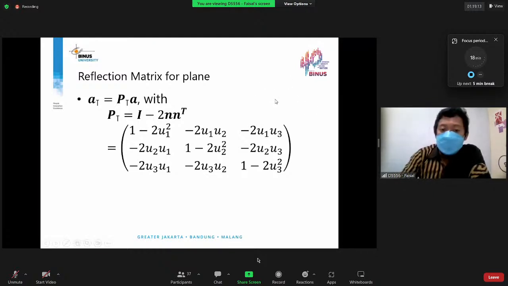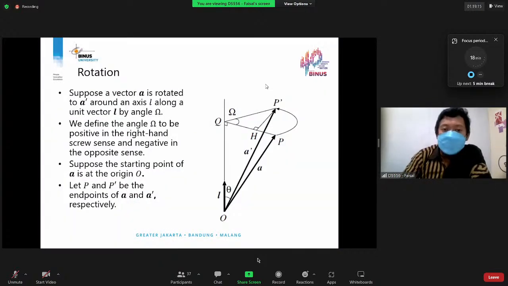Okay, so for rotation, first, we are given a vector A. This is the vector A. To rotate this vector, we need a line, an axis.